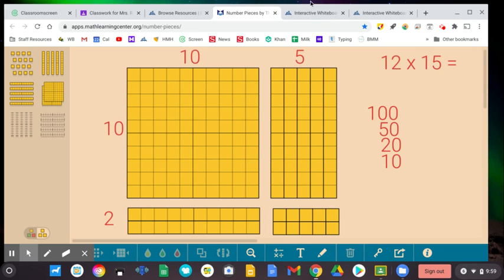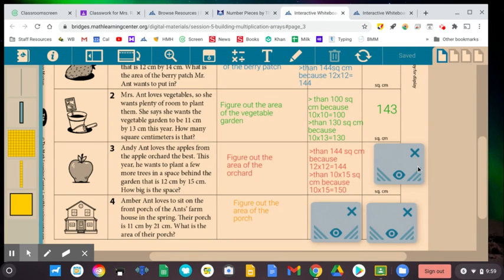So going back to our problem, we know that 12 times 15 equals 180 square centimeters. Okay, and then moving on to our last one.